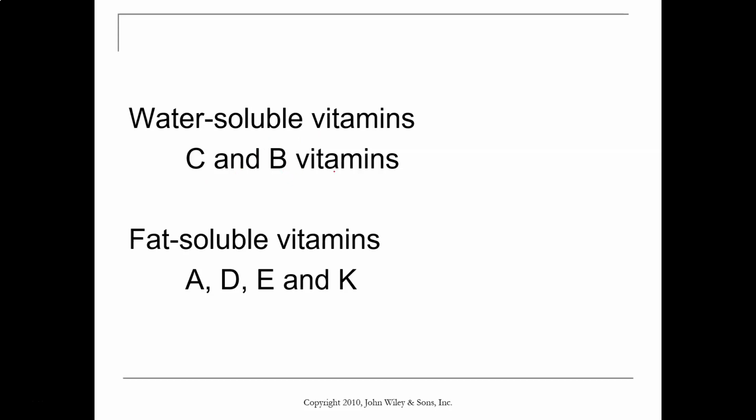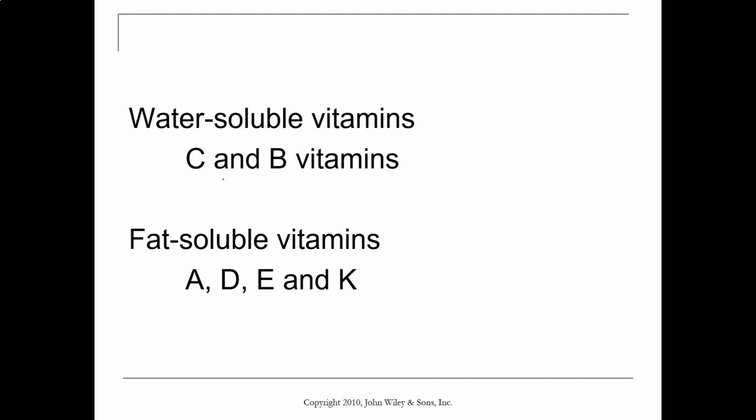Those you don't have to worry as much about in terms of dosage, because you can pretty easily remove the excess of these through your urine. Fat-soluble vitamins, on the other hand, you have to be careful of because they're not as readily eliminated from the body. And so if you have too much of vitamins A, D, E, or K, that can lead to problems and be unhealthy. So know your water-soluble from your fat-soluble vitamins.